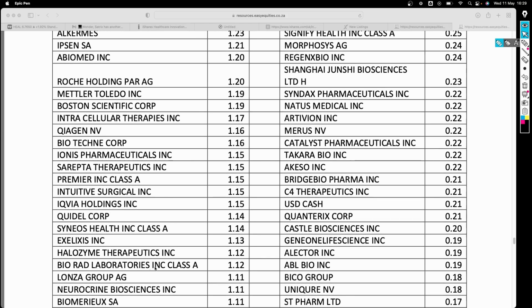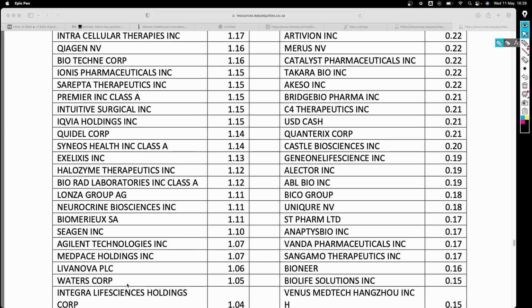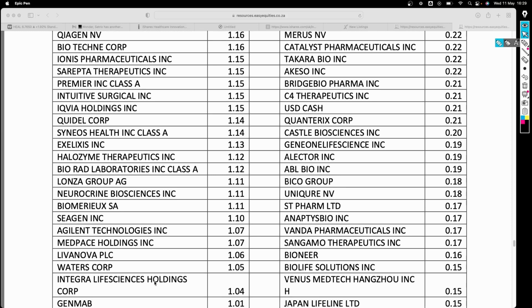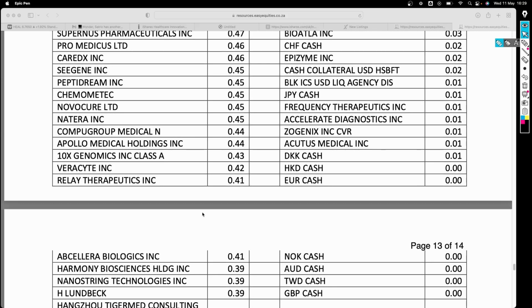It could be cells, it could be electrophoresis equipment, it could be data analysis equipment. There it's all different. Waters Corporation sells instruments. Yeah, so I'm familiar with these names because of the type of work that I'm doing when I'm not making YouTube videos. But you can go through all these different holdings, and then you will see where your money is going to be invested.